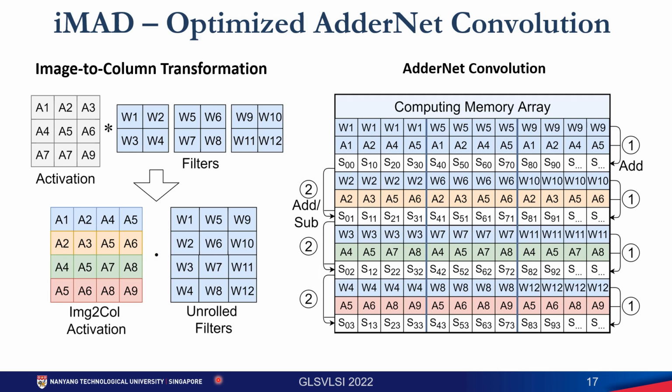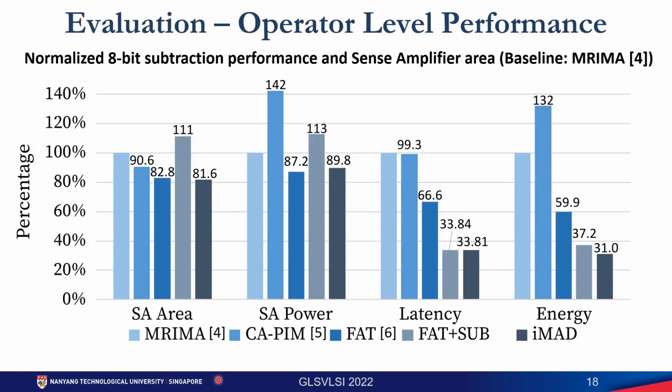Now I have presented the accelerator architecture and the optimized algorithm. Let us see the evaluation results. We implemented the proposed circuit and the related works in the same 45nm process. This graph shows the normalized 8-bit subtraction performance and the normalized sense amplifier area.